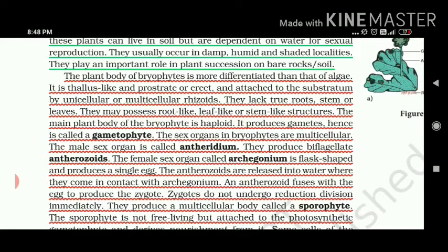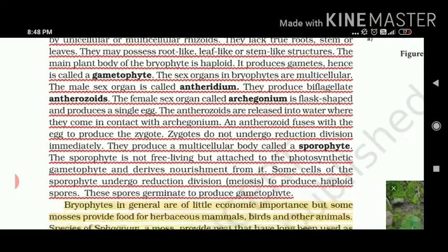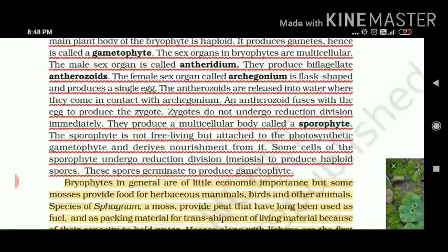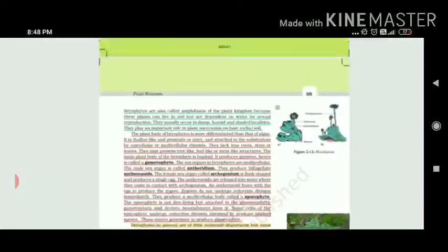I hope this is clear. Gametophyte is haploid. Gametes are always haploid. Zygote is always diploid and sporophyte here in bryophytes is diploid. It is not free living. Sporophyte is not free living. It is attached to the gametophyte structure, as we have already seen.